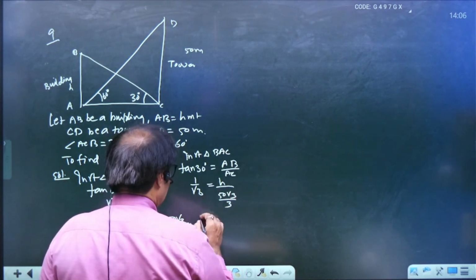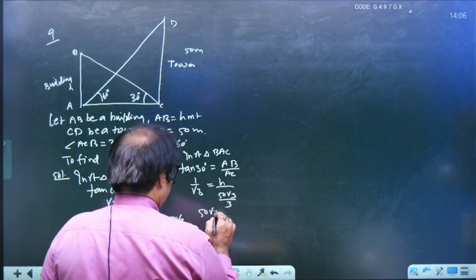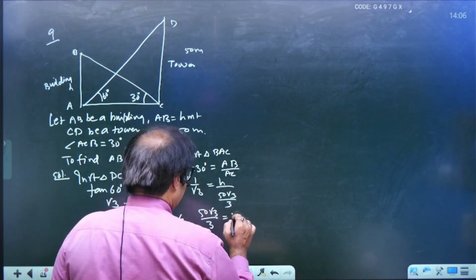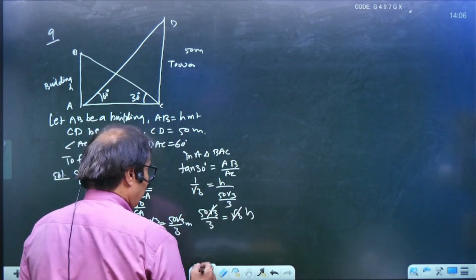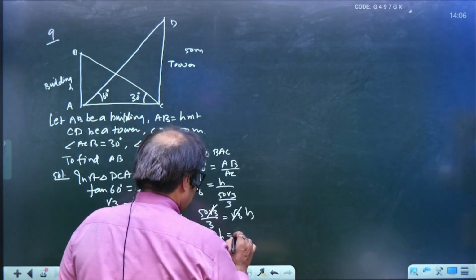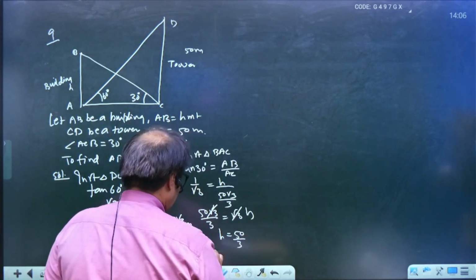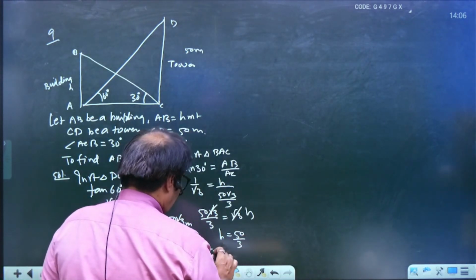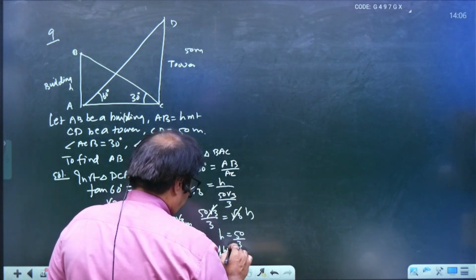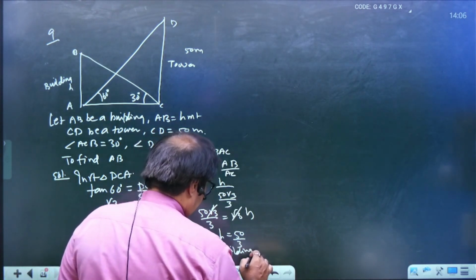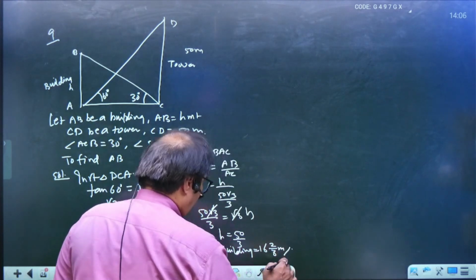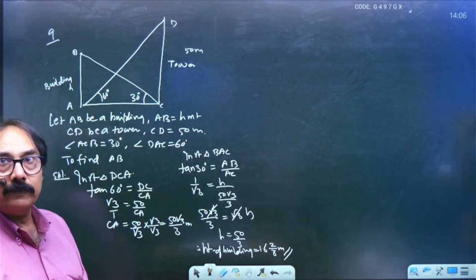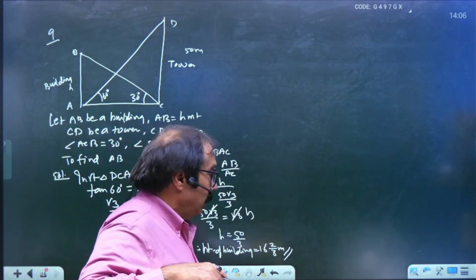So by cross multiplication, 50 root 3 by 3 is equal to root 3 h. We may cancel root 3 from both sides. So h is equal to 50 by 3. Therefore, the height of the building is equal to 16 and 2 by 3 meters, and this is the answer of this question.